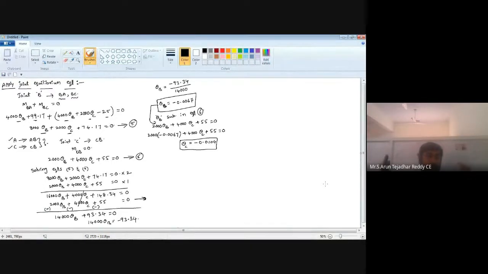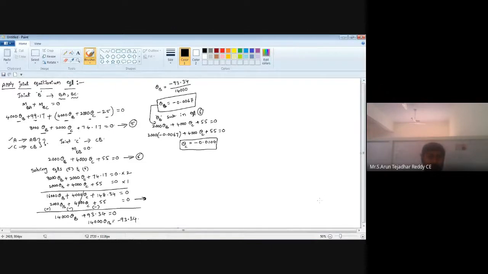Here we have two unknown terms, that is theta B and theta C. So just now we calculated the theta B value and theta C value. Now after completion of the joint equilibrium equation, what is the next step? That is final moments.